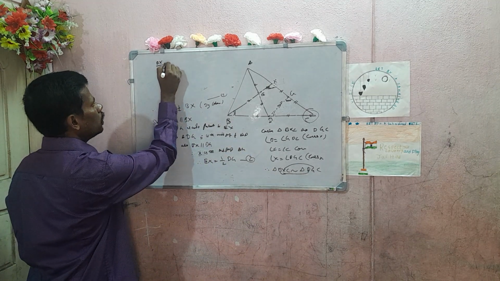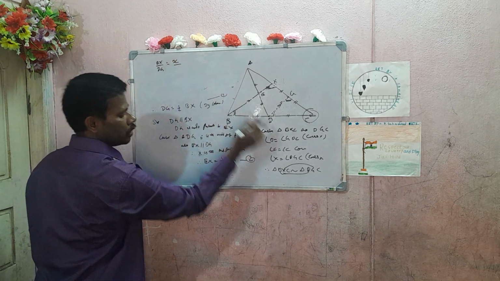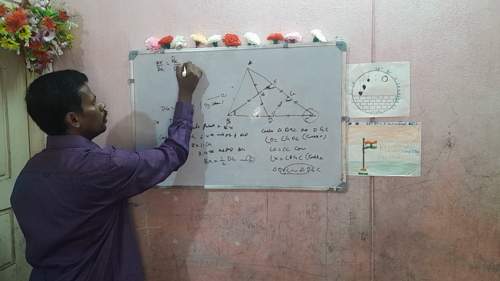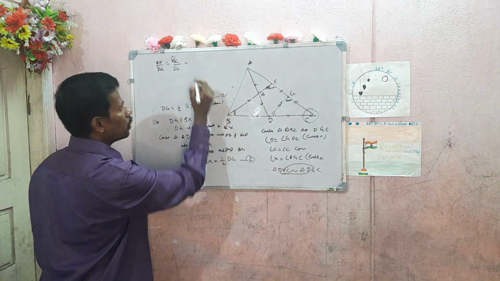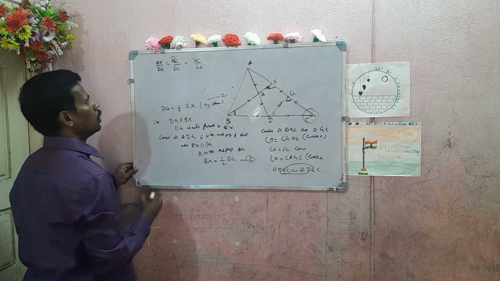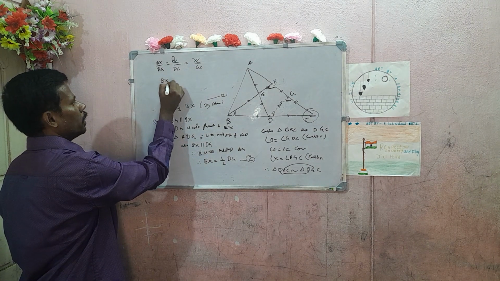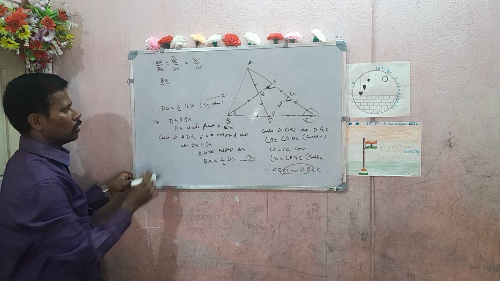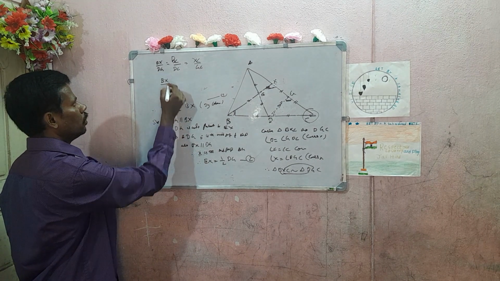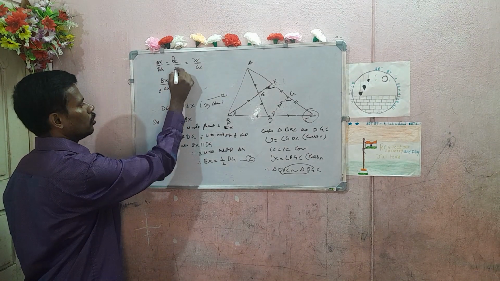BX by DG is equal to BC by DC, is equal to XC by GC. Next, DG is half of BX, so BX by half of BX is equal to BC by DC.